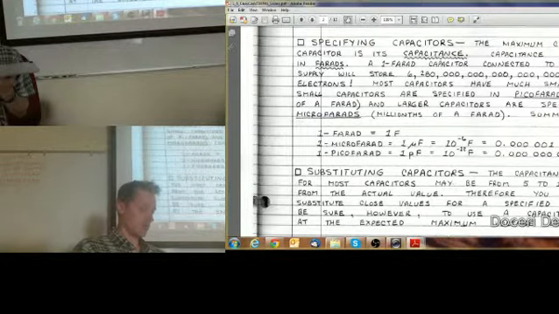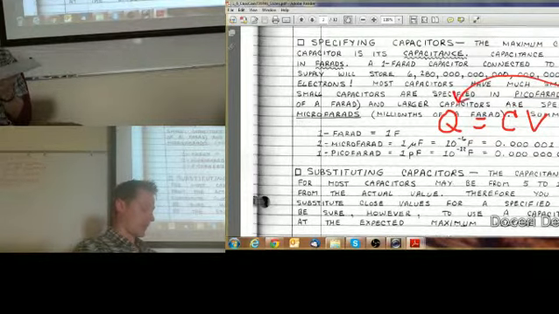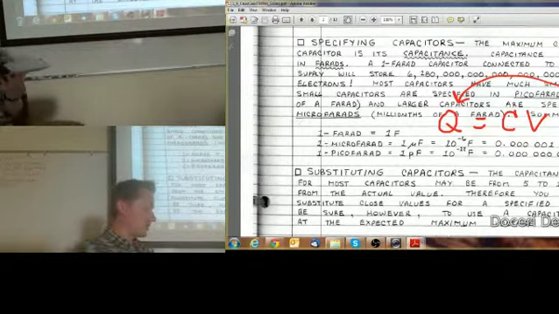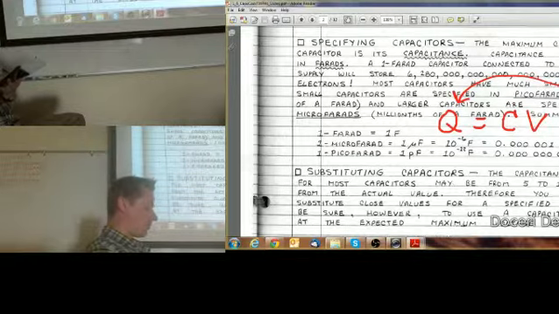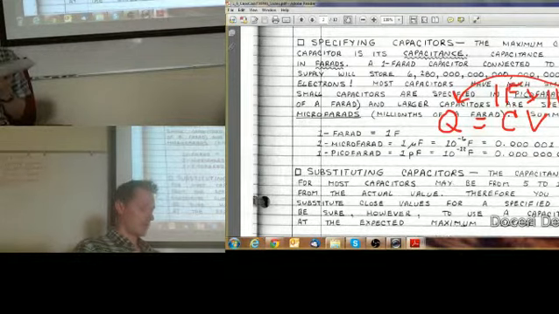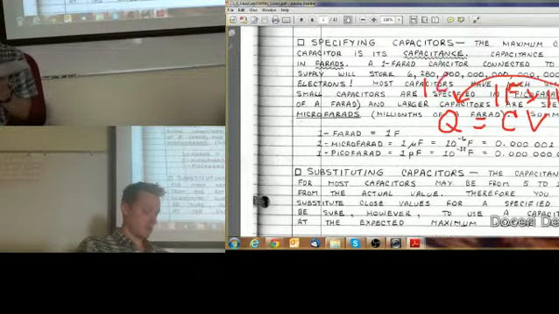So we say charge is equal to C times V. So 1 coulomb of charge, that's the Q part, which is 6.28 times 10 to the 18 electrons, that's a lot of electrons, equals C, which would be a 1 farad capacitor, times V, which would be 1 volt. That is equivalent to 1 coulomb of charge.